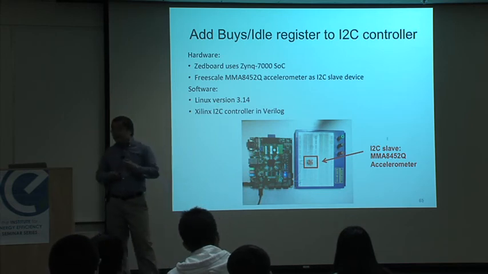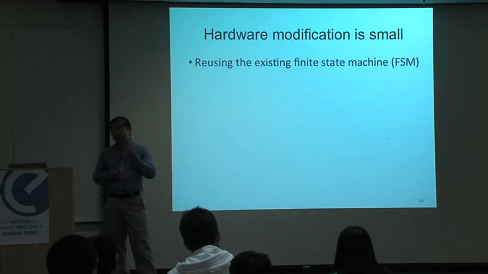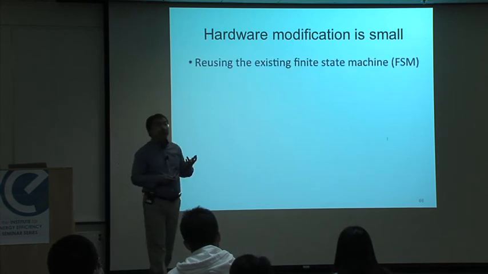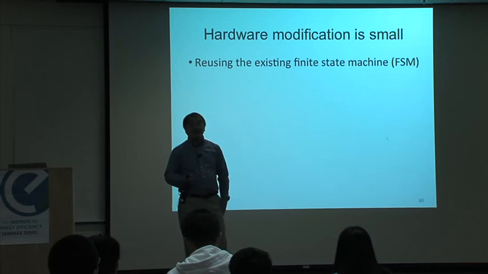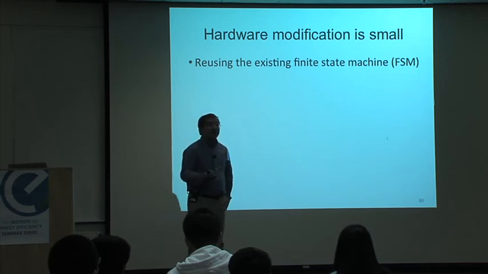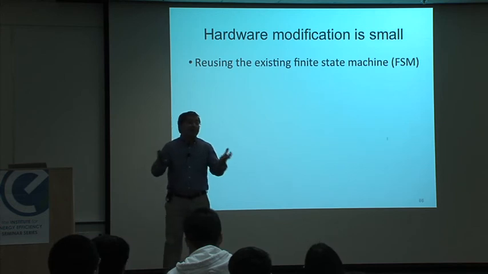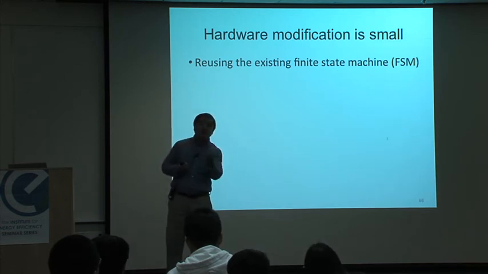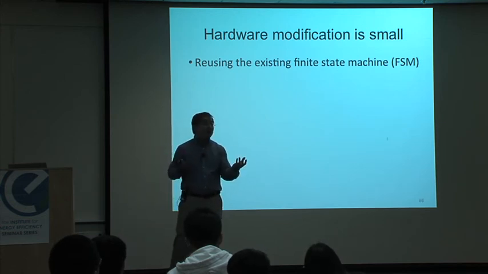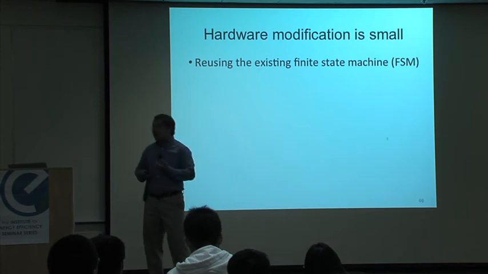Okay, and the hardware modification actually turned out to be very small, because if you have taken any logic design course, you know sequential circuits are always designed as a state machine. So the states are already there. You just need to figure out which states correspond to idle, not doing anything useful. Essentially, the circuit is very simple.